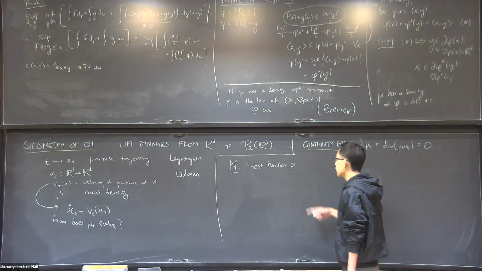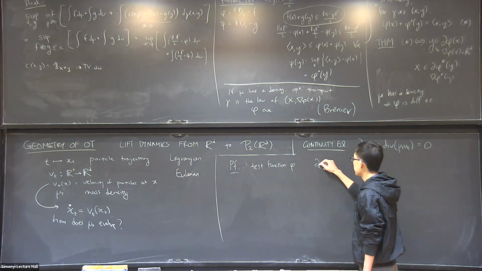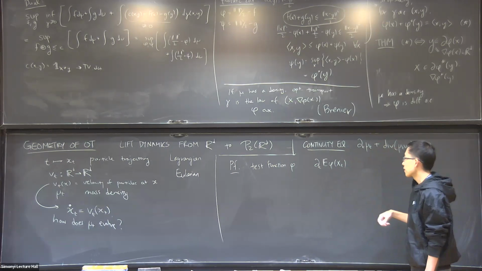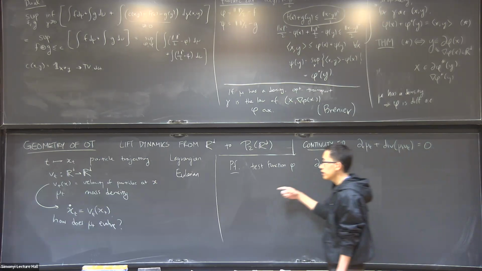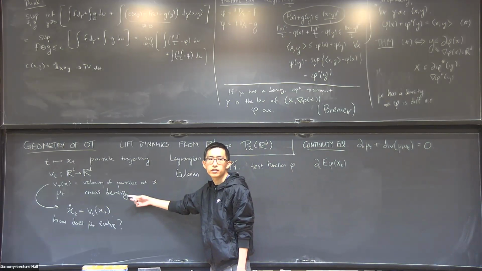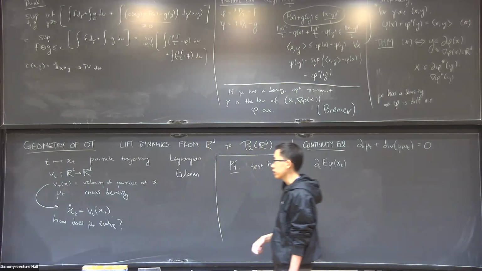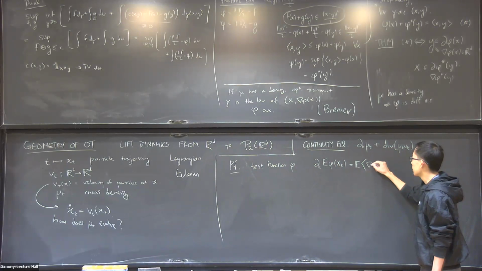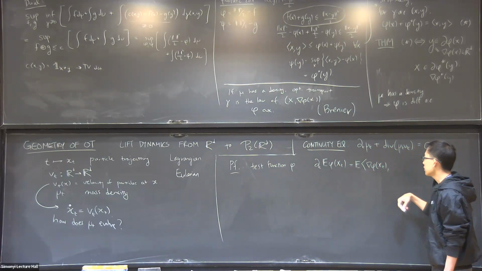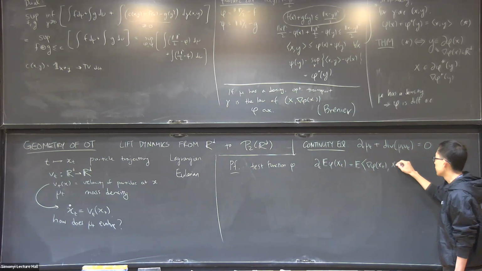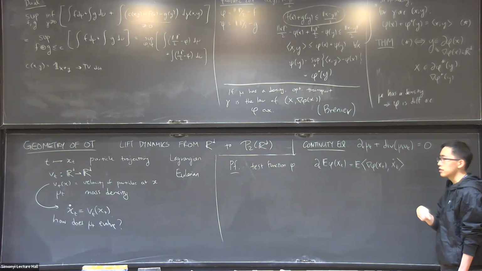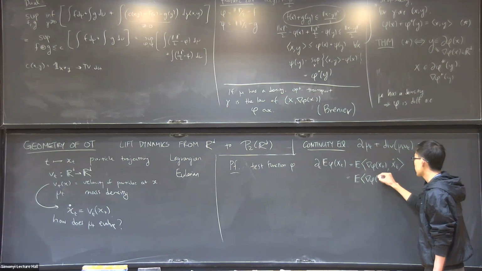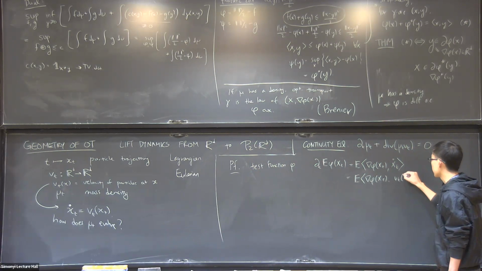On one hand, we can ask how the expectation of this test function evolves. Here x_t is a random variable drawn from mu_t, but the trajectories all follow this velocity vector field. So calculus will just tell you that this is the gradient of phi times the velocity of x, and that's what the vector field tells me. It's V_t of x_t.